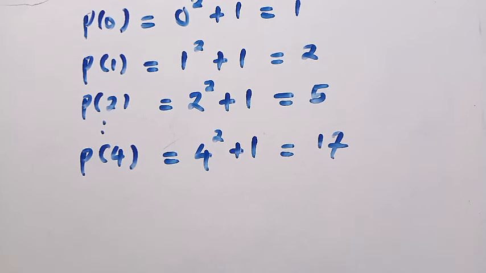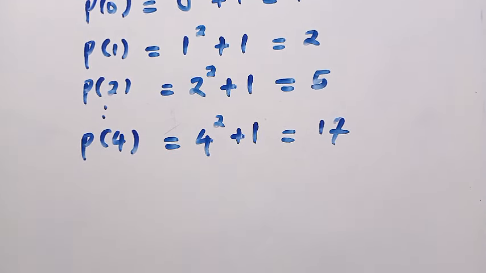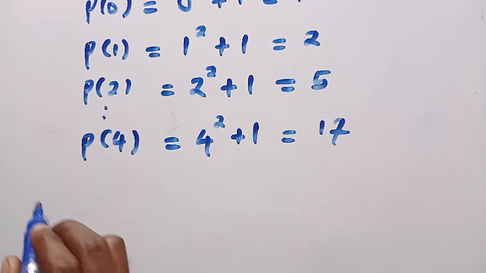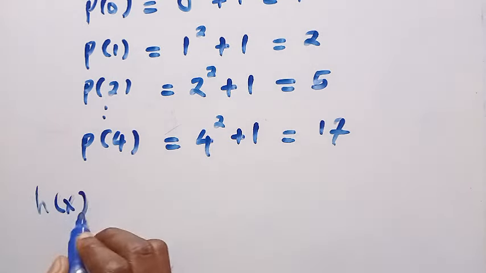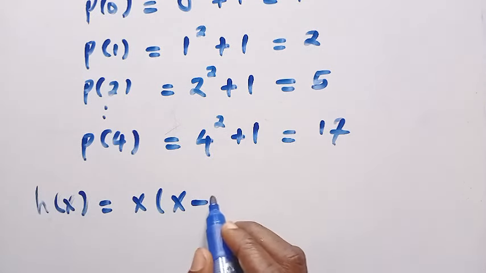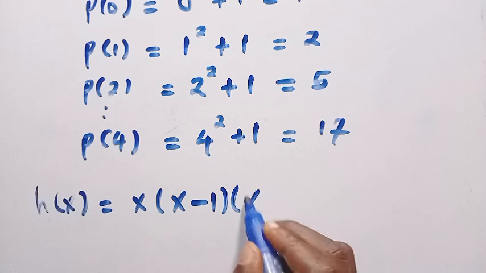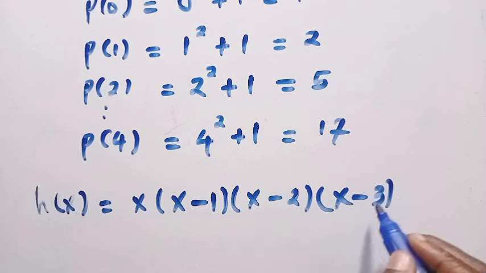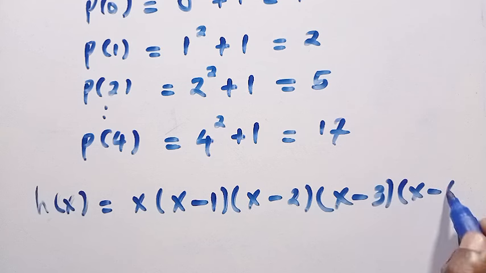Since we have known p of x, we have to know the degree 5 equation as well. So suppose I choose h of x. h of x will be x into bracket of x minus 1 multiplied by x minus 2 multiplied by x minus 3 and multiplied by x minus 4.